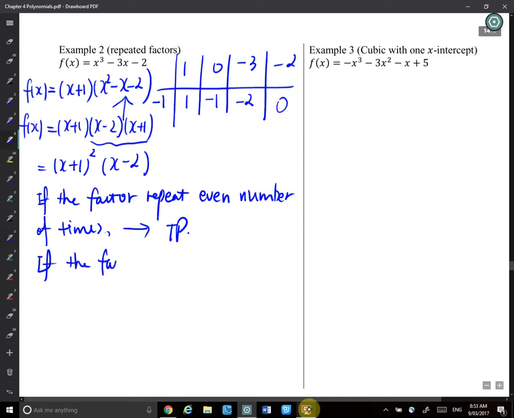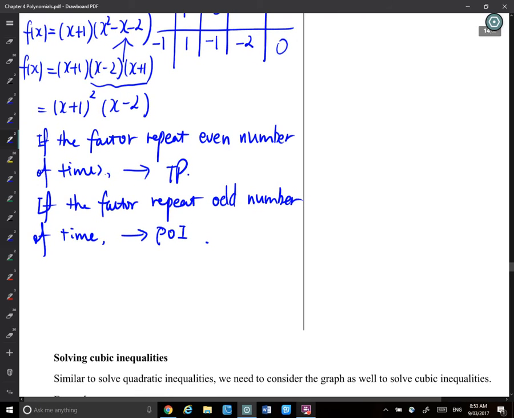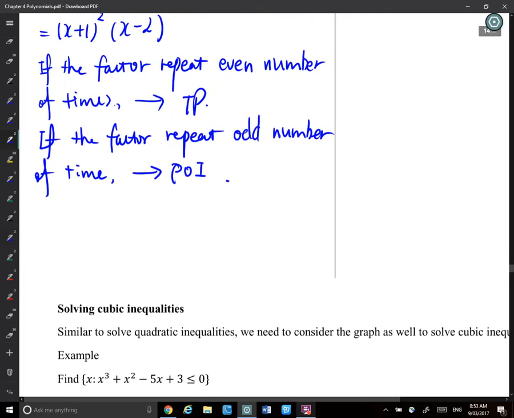If the factor repeats an odd number of times, 3 times, 5 times, 7 times, that becomes a point of inflection. At that intercept, that becomes a point of inflection.